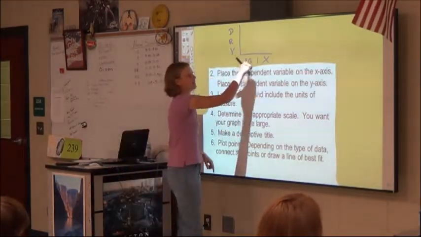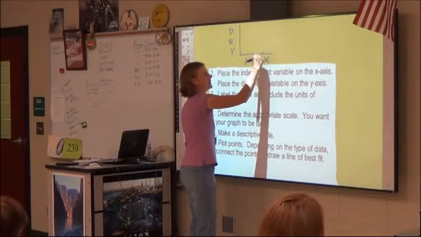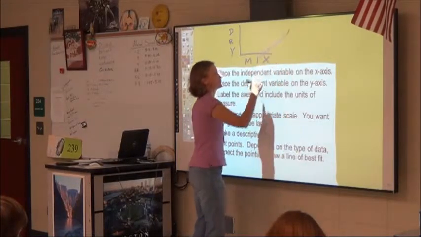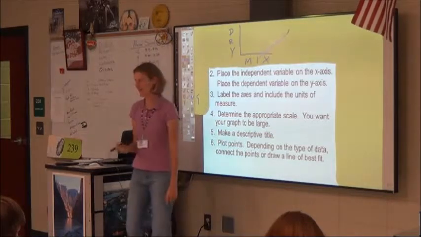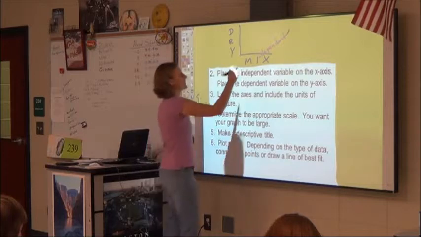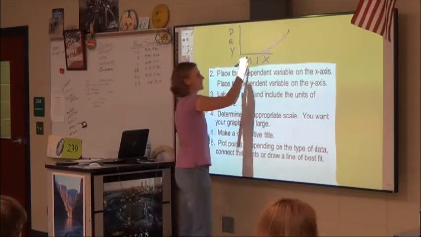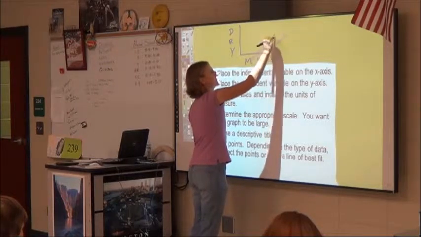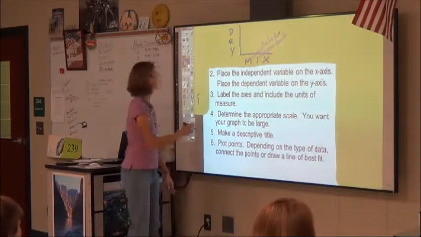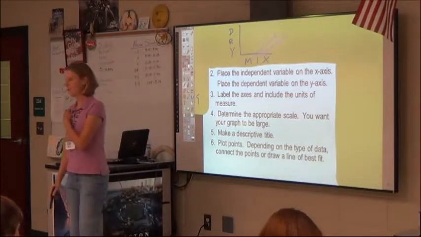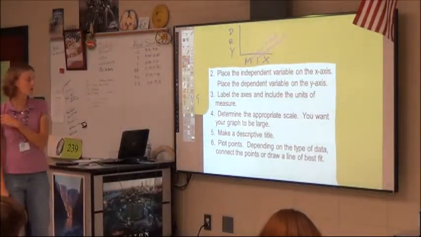So the I in MIX stands for independent. The x obviously stands for x-axis. What's the M? Manipulated. Good. Manipulated, just another way of saying independent variable. I would write that in your margin, but sounds like some of you already know it.